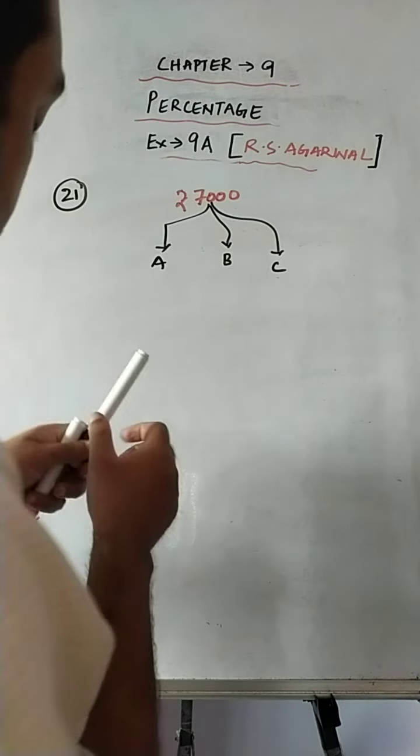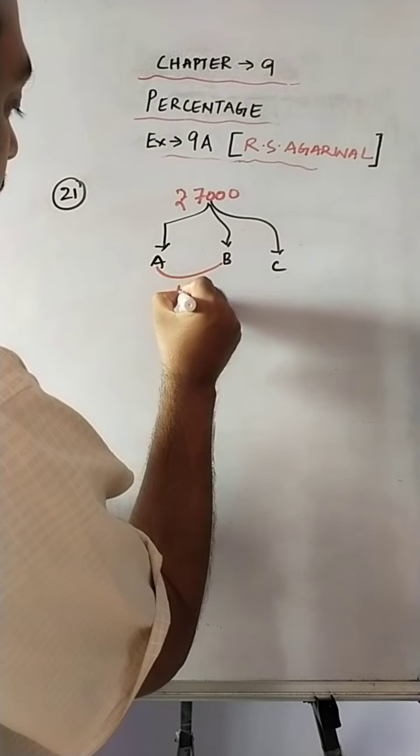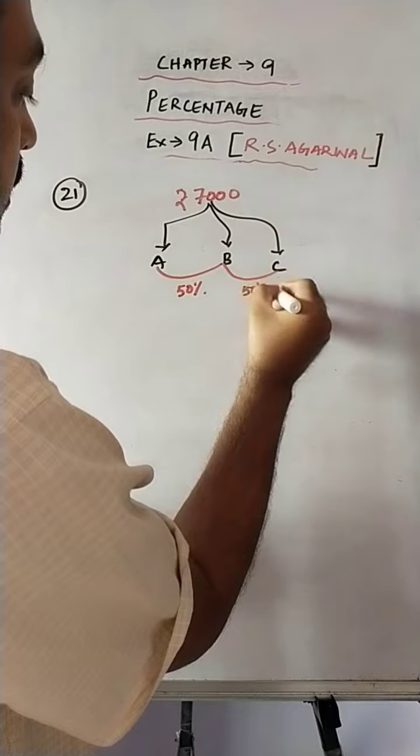So this is the sequence that is given. A will get 50% of what B will get, and B will get 50% of what C will get.